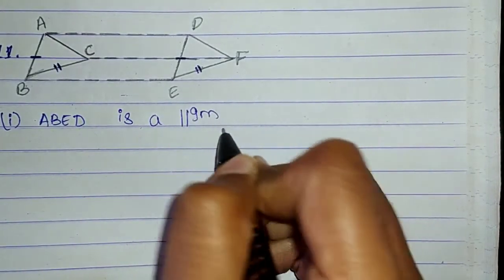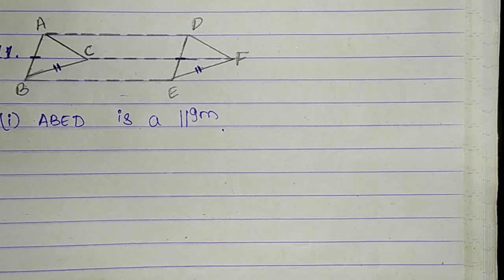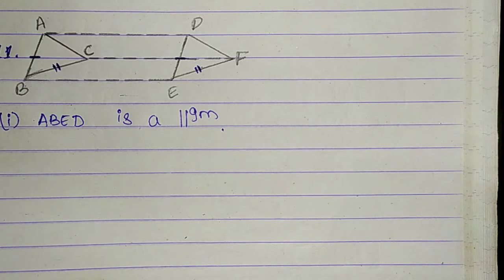parallelogram. So we learned about a theorem which mentioned a minimum condition for any quadrilateral to be a parallelogram, and the statement of that theorem was: a quadrilateral is a parallelogram if a pair of opposite sides is equal and parallel.